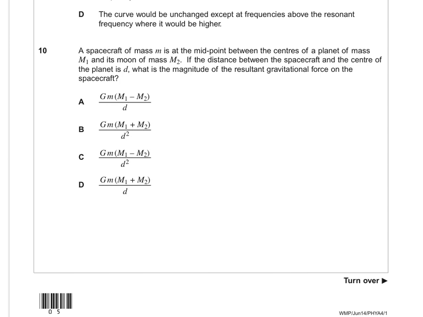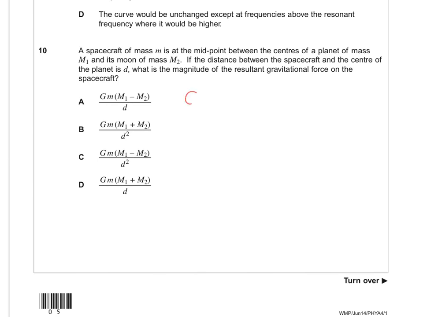Spacecraft of mass m is at the midpoint between the centres of a planet of mass m1 and its moon of mass m2. The distance between the spacecraft and the centre of the planet is d. What is the magnitude of the resultant force on the spacecraft? Okay, so if it's at the midpoint, that means there's a distance d from the moon as well.